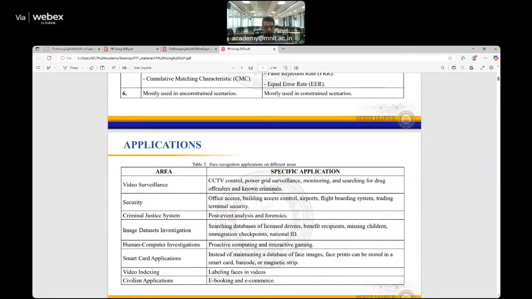As soon as your face is registered, whenever you are at any place, either in a mall, etc., they are able to know that this person landed in this country 2 or 3 days ago. It is heavily used in the criminal justice system, post-event analysis, forensics, and image data set investigation. Even the Indian government is now using this. It is a very recent application, not only abroad.